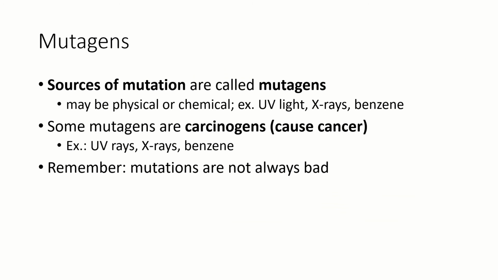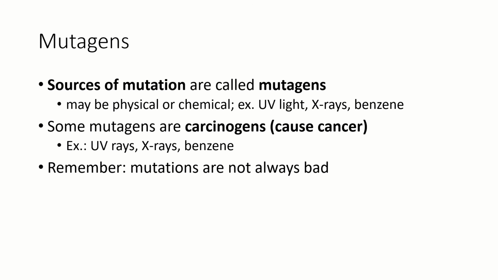Anything that causes a mutation in DNA is called a mutagen. Gen means creation. Okay, Genesis, the book of creation. So mutagen means it creates a mutation. Now, there are physical sources of mutations, such as UV light.